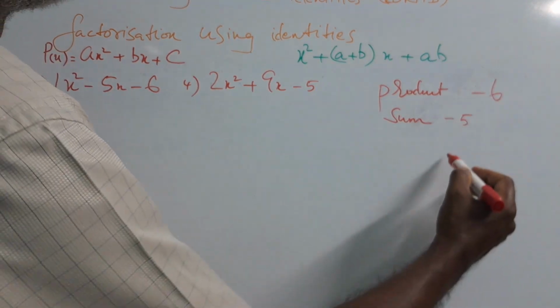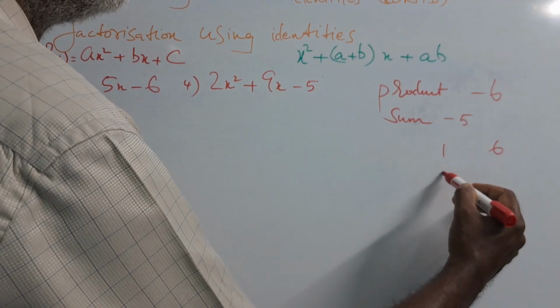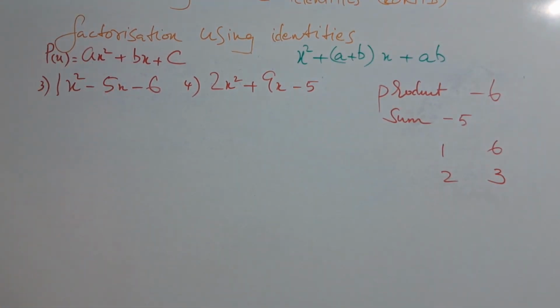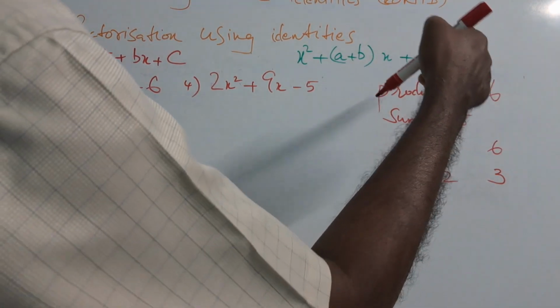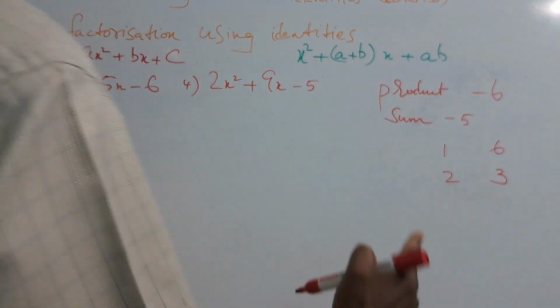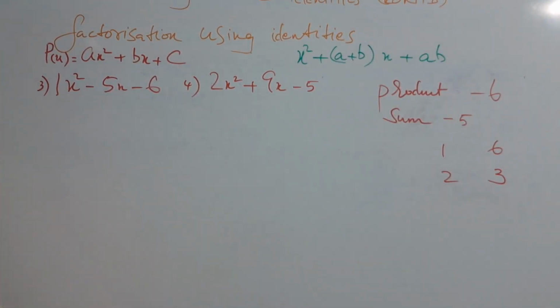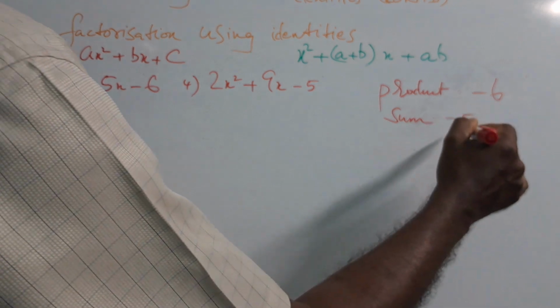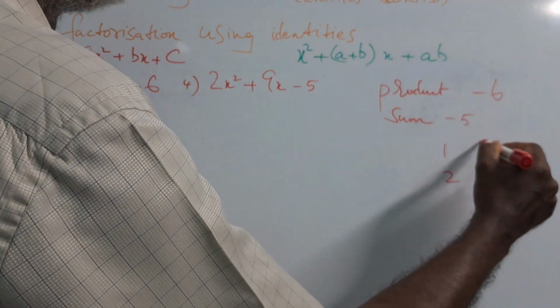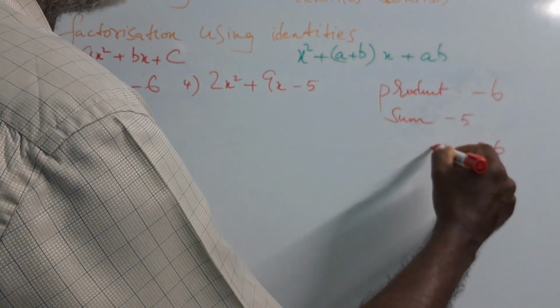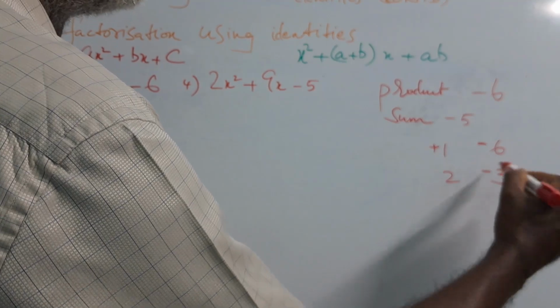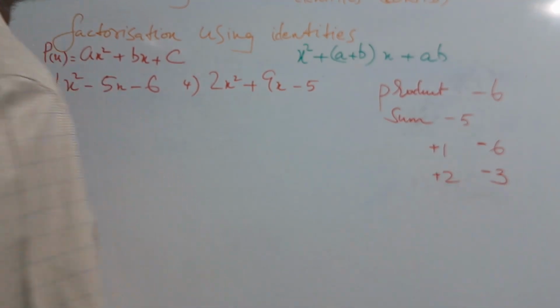Let's find the numbers: 1 and 6, 2 and 3. The product is minus 6, therefore one of the numbers is negative. Since the sum is negative, the larger number is negative, the smaller number positive.